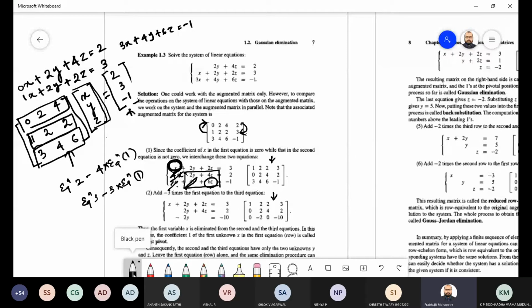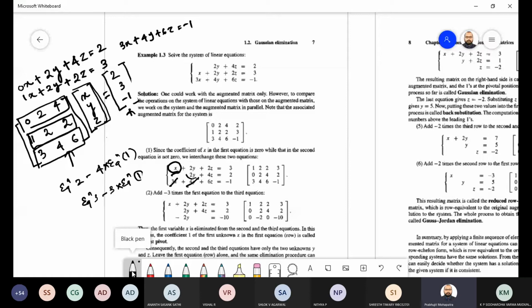So what is our target? Our target is to first delete all the x from the second equation and the third equation, so only one x should remain. Next the y should be deleted from the third equation.